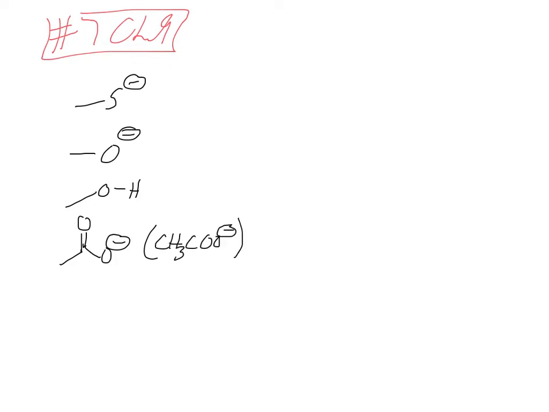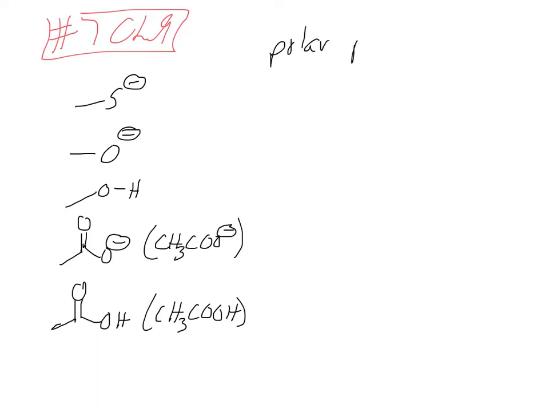But you should be able to see them both ways and recognize that. And this is drawn like this. And we're saying it's in a polar protic solvent. So the example they use is ethanol, or they showed water, I guess, is one of the possibles. So a polar protic solvent.